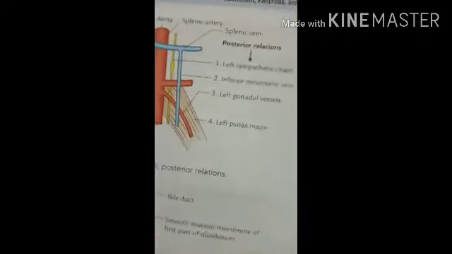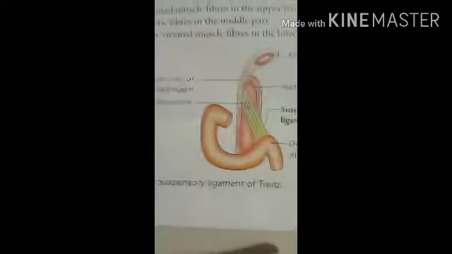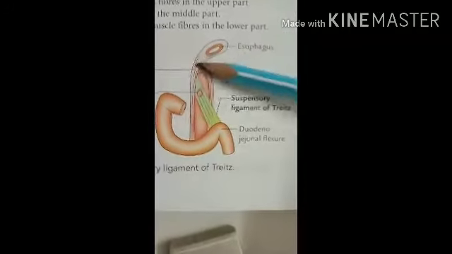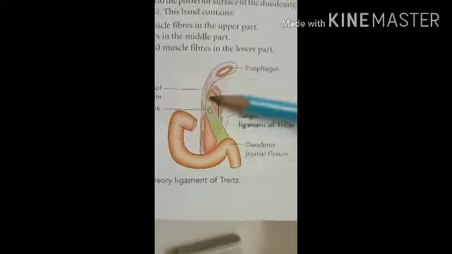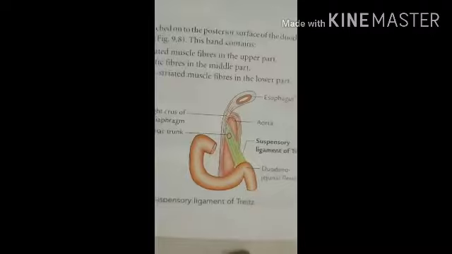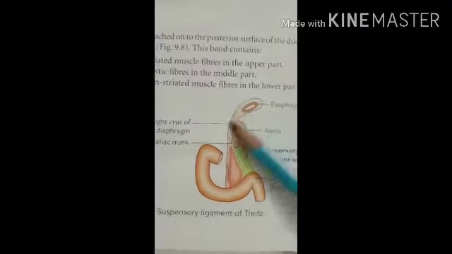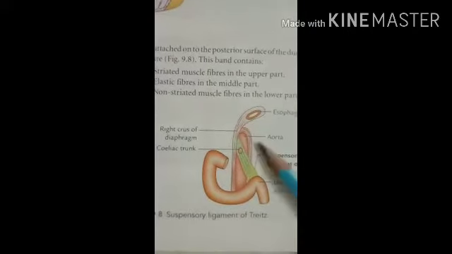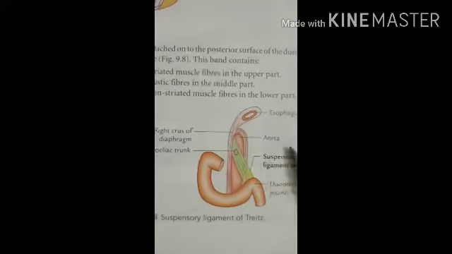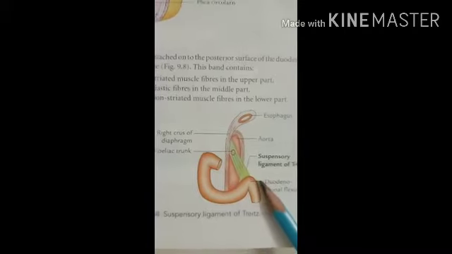After that, we have to see the suspensory muscle of the duodenum, also called the ligament of Treitz. The suspensory muscle is a fibromuscular band which suspends the duodenojejunal flexure. Here you can see the duodenojejunal flexure.